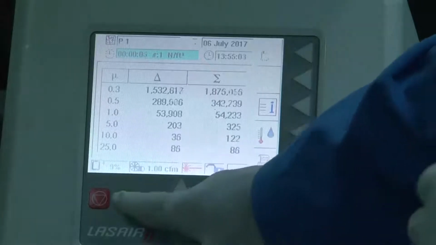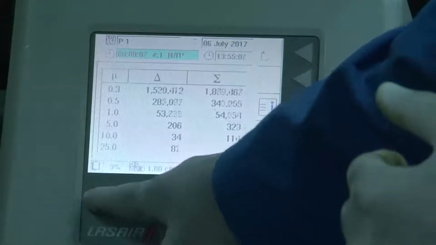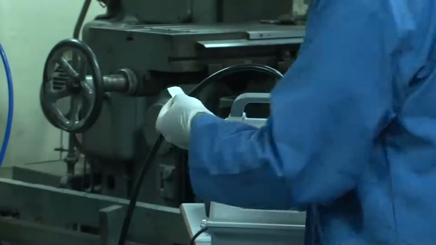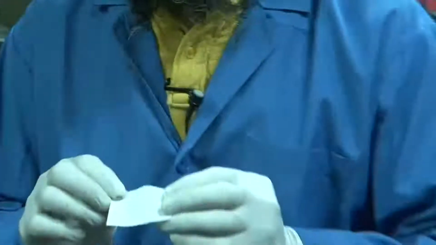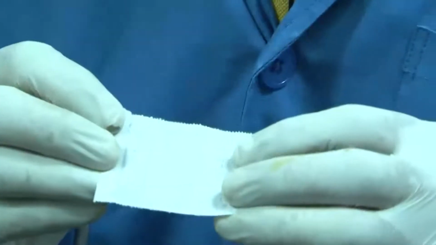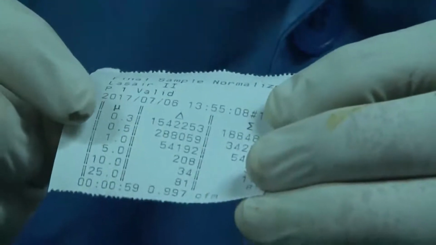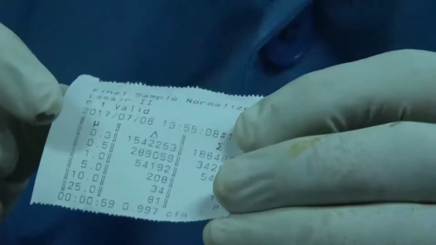When we stop it here, it will even print the average value. In this specific time of 59 seconds, it has recorded 0.3, 0.5, 1.05, 10 and 25 micrometer particles, and these are the counts.